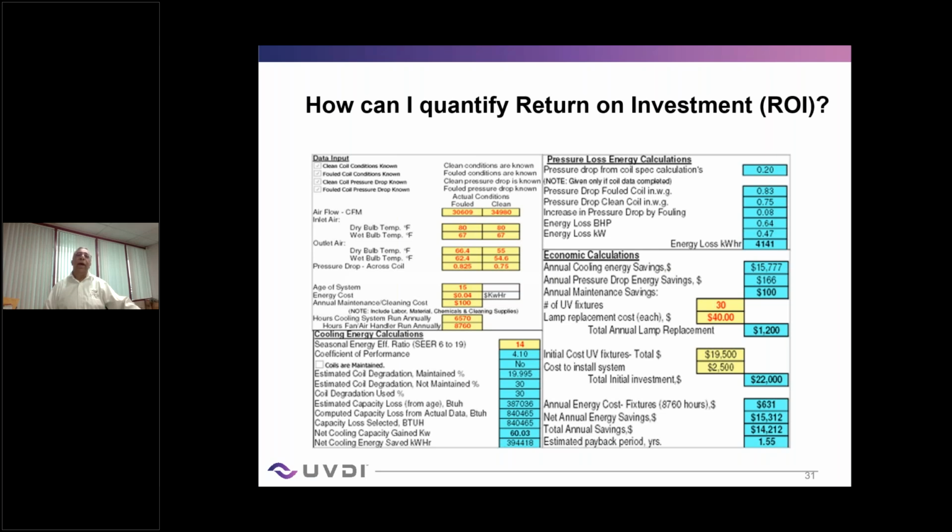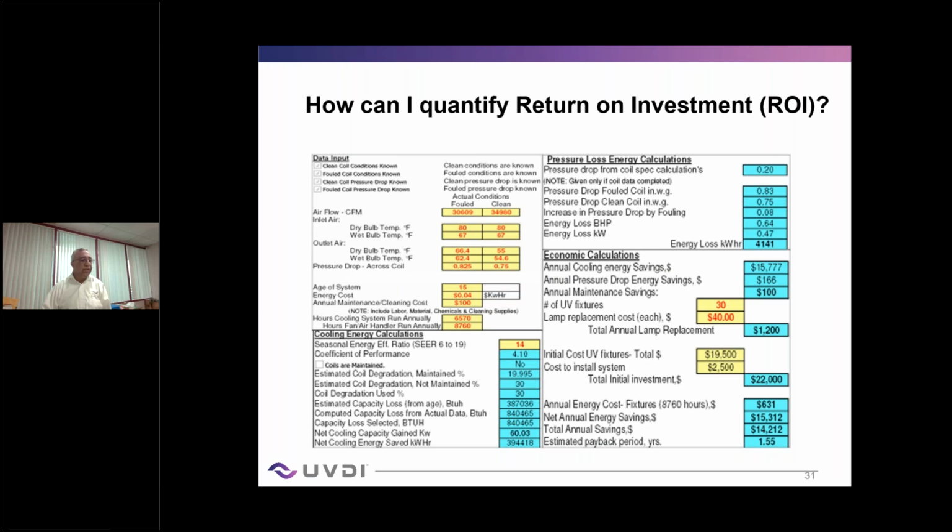But if you have to justify from an energy standpoint, how do you justify a return on investment for coil cleaning? There are some calculators out there. It's fairly straightforward, and we can help you with that. You can calculate the expected payback time in terms of energy savings compared to your total investment of UV, which would be just lamp fixtures and your cost, and then compare it to your ongoing maintenance cost.